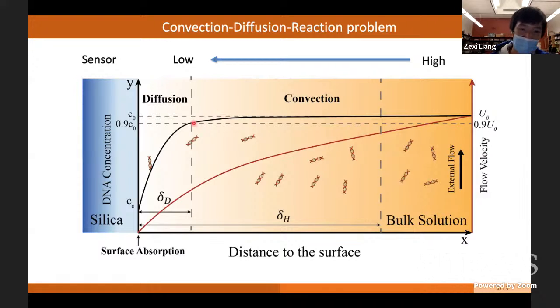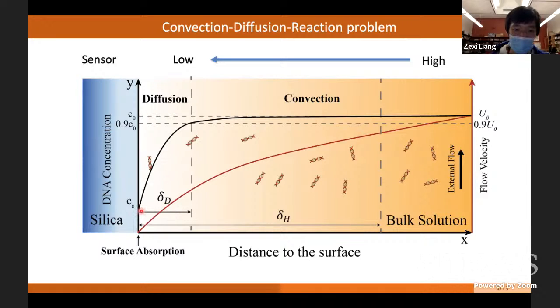And in the vicinity of your system, close to the surface of the sensor, there's a diffusion regime where the concentration gradient is very high, and the concentration changes dramatically, from almost, we define it as a regime from 0.9 of bulk concentration to the surface concentration.